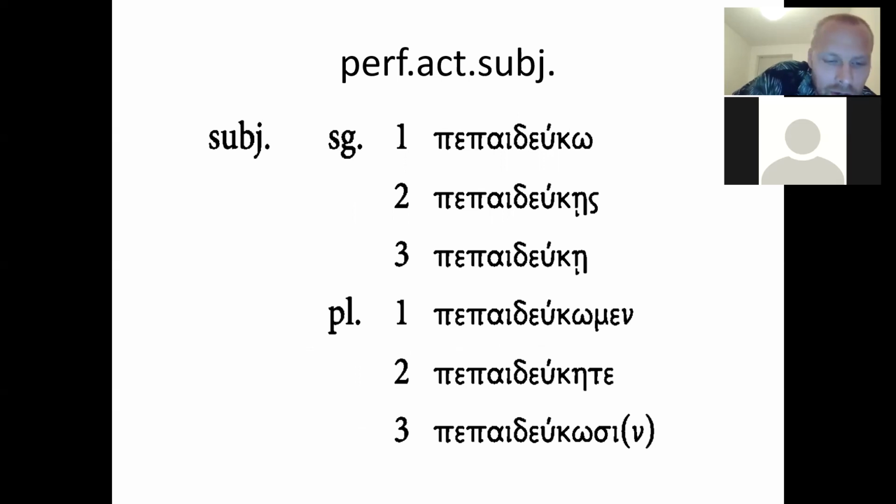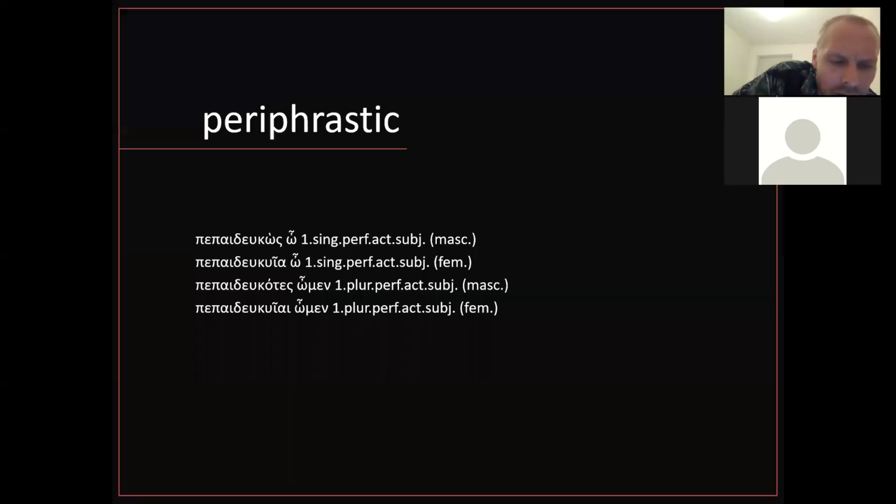So we may note here that we have again the usual subjunctive endings, which are the same also in the present and the aorist. However, the proper perfect subjunctive forms are not very common.